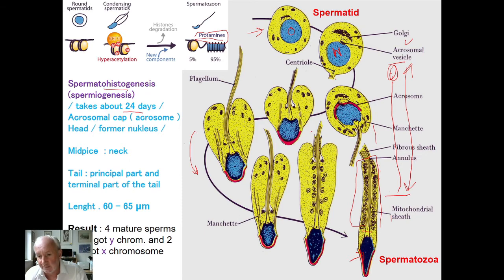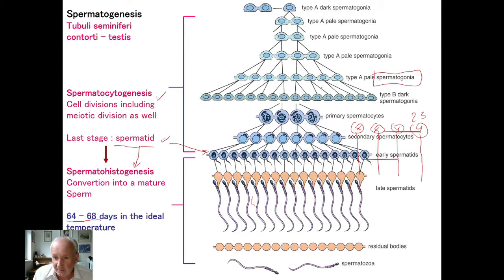Of course, as you remember, 2 have chromosome X and 2 have Y, 1 from the 23 chromosomes. Of course, if a spermatozoa with X meets the oocyte, which has only X chromosome, it will be a girl. If a spermatozoa with Y chromosome meets the oocyte with X chromosome, it will be a boy. So I hope this is clear.